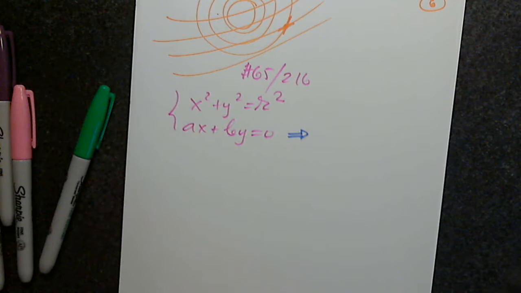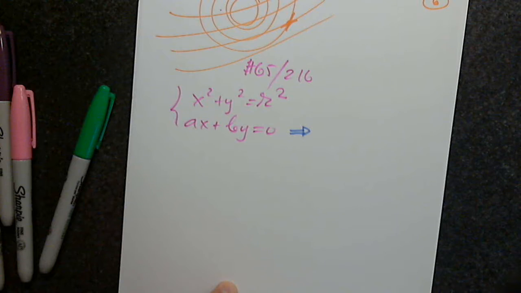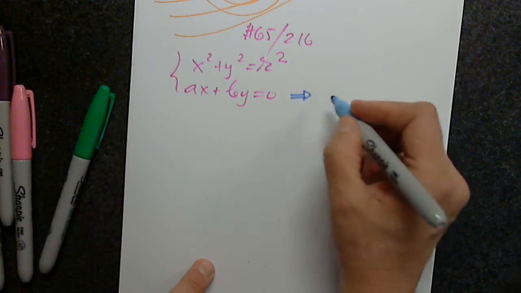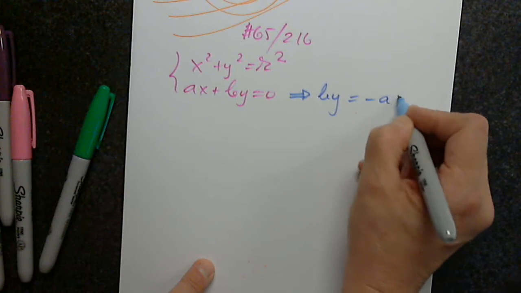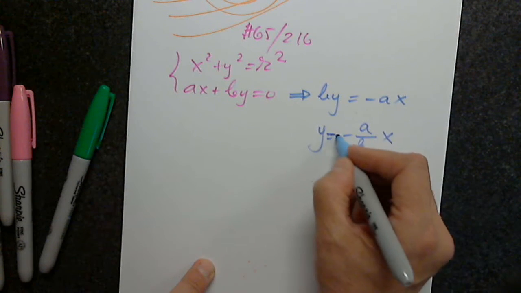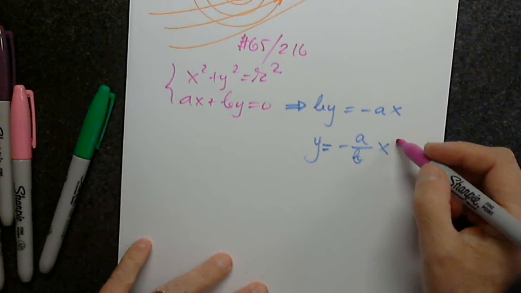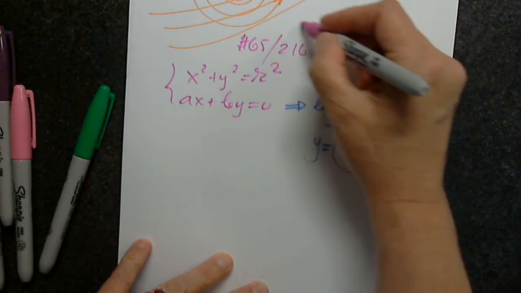Solve the second equation for either x or y. It doesn't matter which one. Which one would you like to solve for? Okay, you want to solve for y, so then by equals negative ax. So y equals negative a over b times x. What will I do now with this value? Exactly.